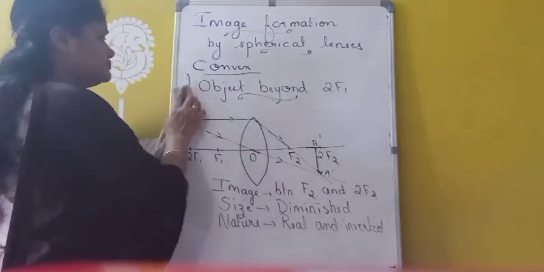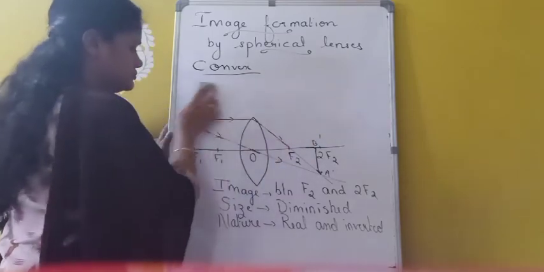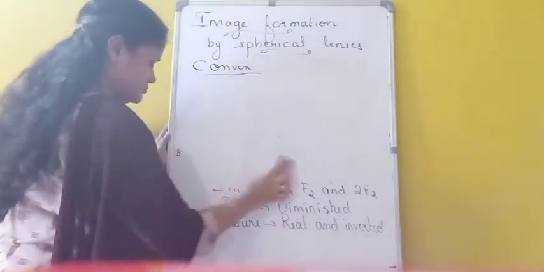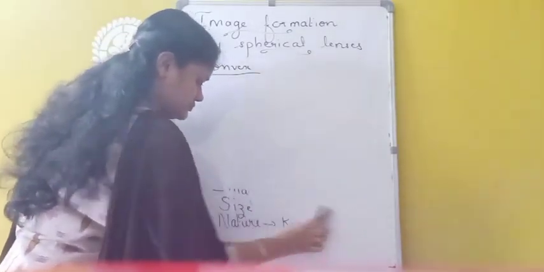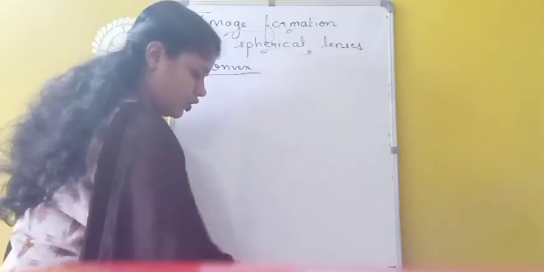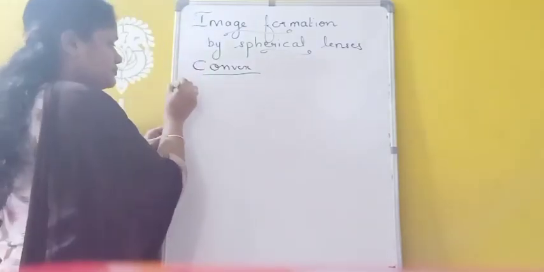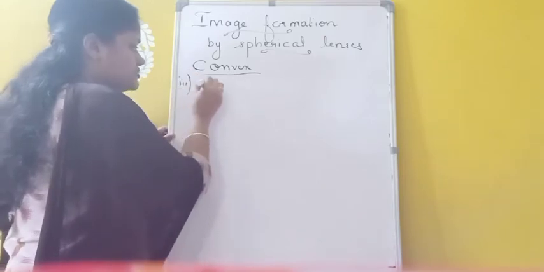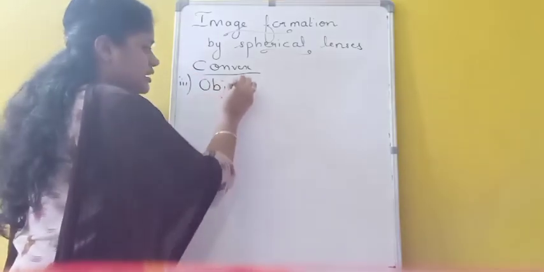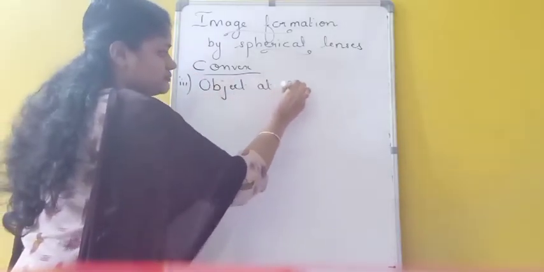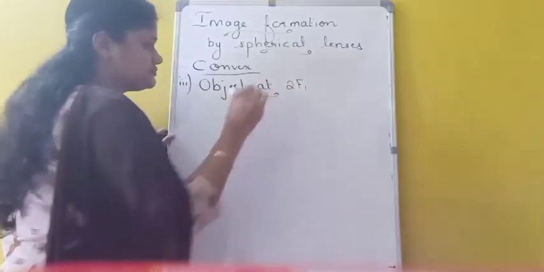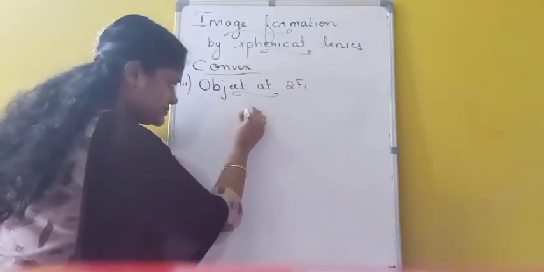Now third one. Object at 2F1. So draw the convex lens.